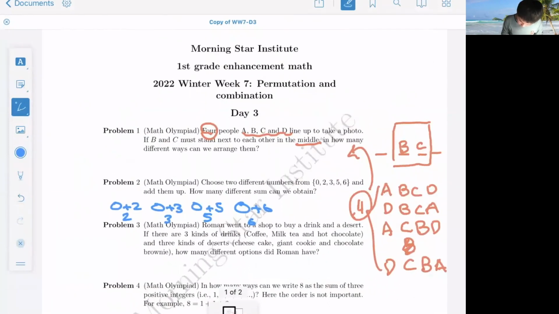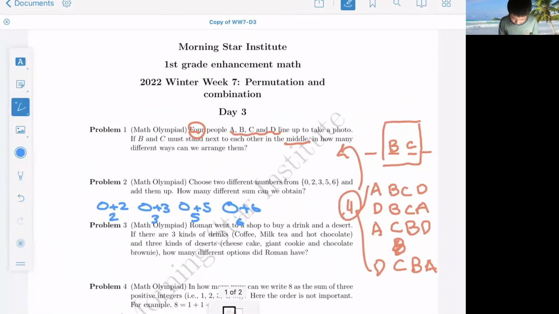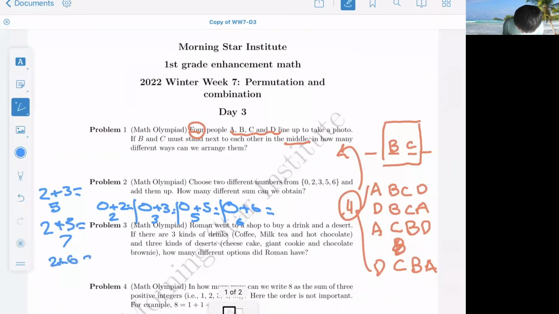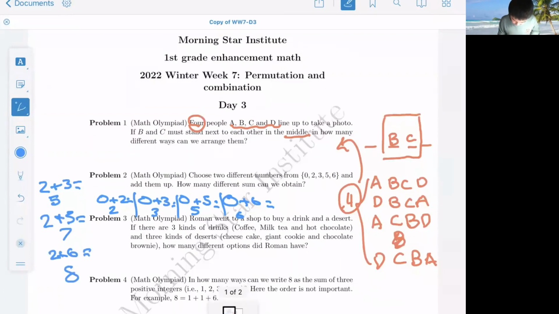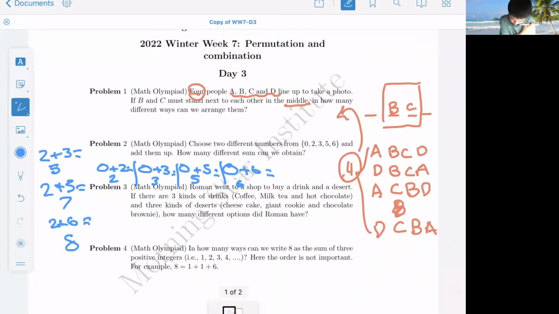Afterward, we can consider cases without 0. For example, we say 2 plus 3, this is 5. We also have 2 plus 5, this equals 7. And we have 2 plus 6, which equals 8. We also have 3 and 5, 3 and 6. So 3 plus 5 equals 8.